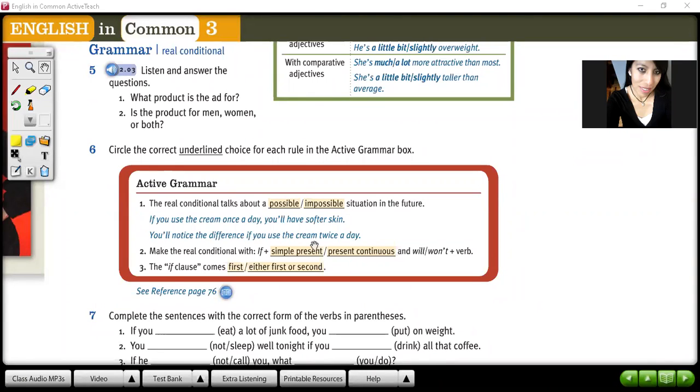Twice a day. Yes. Thank you. What does it mean? That the real conditional talks about a possible situation in the future. That's why it says possible, not impossible. That is the first conditional.